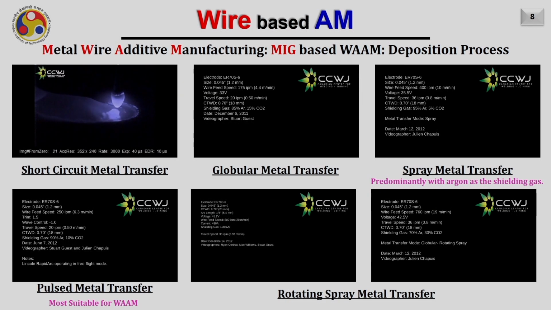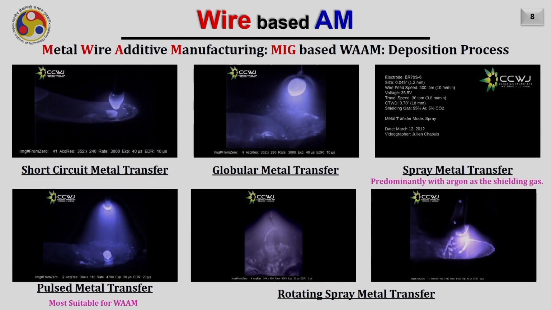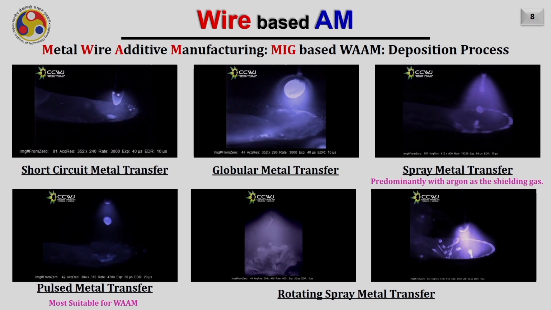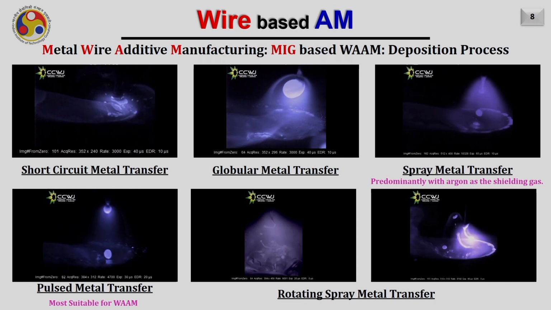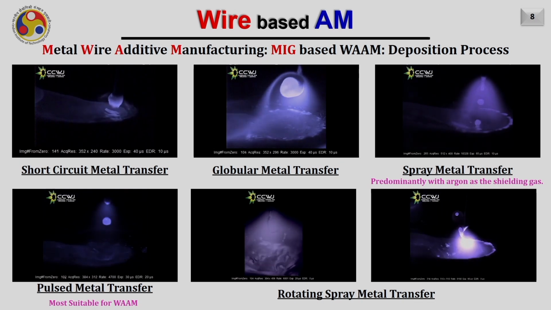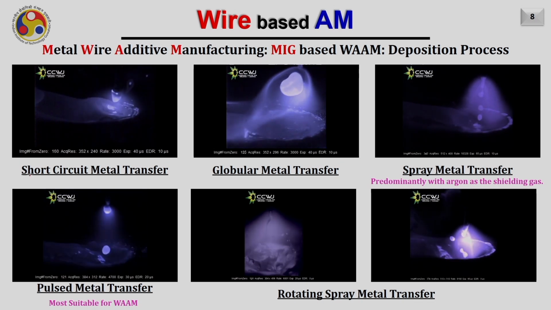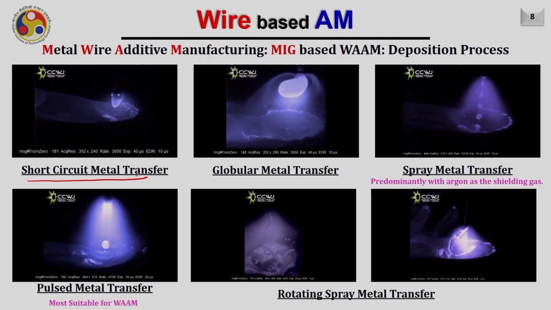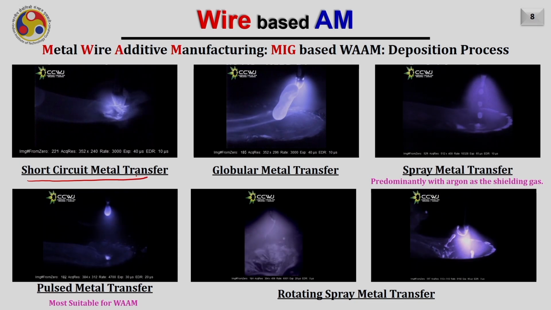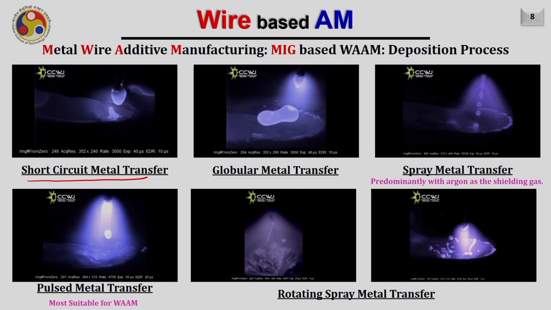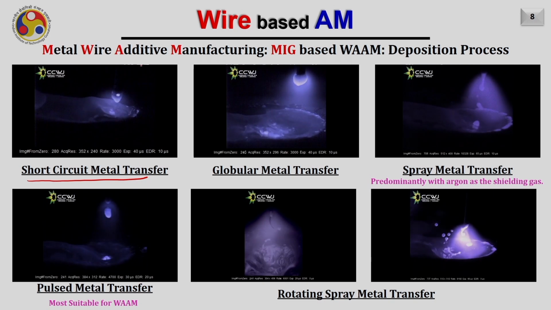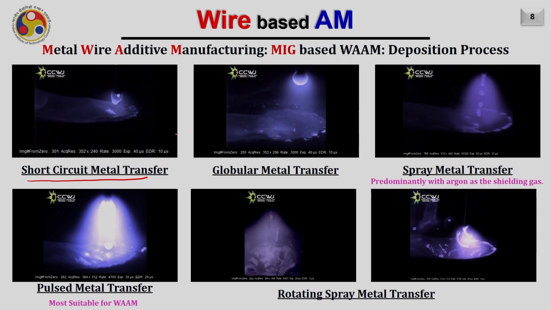So this slide explains each and every process. This slide can give you an idea of how the material is transferred in each of the discussed methods. The first one is the short circuit metal transfer. As you can see, in the case of short circuit metal transfer, the wire is coming from the top and making a short circuit with the substrate, meaning the voltage drops to 0.